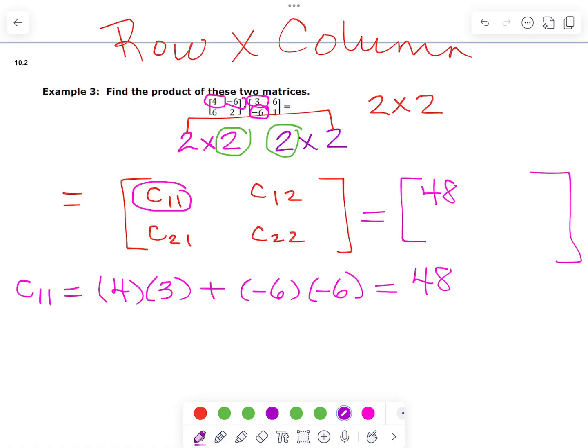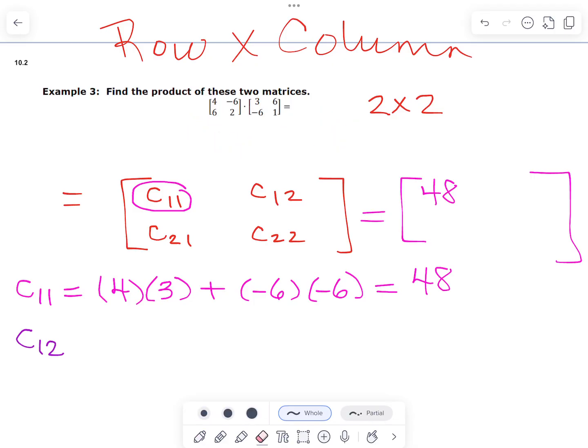Now let's go ahead and find C12. Let me erase all this here too so you can make this a little bit bigger. So now we want to find this number right here. We're going to take row 1 again, and now we go to column 2.